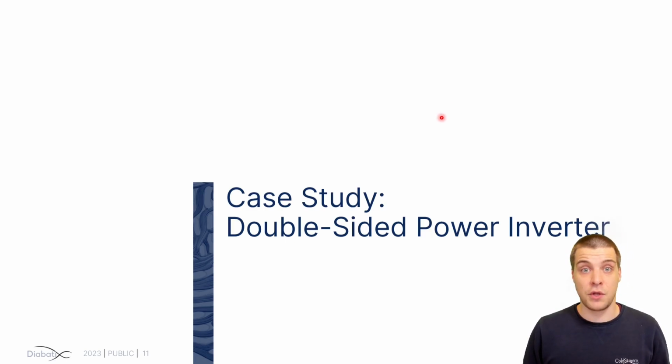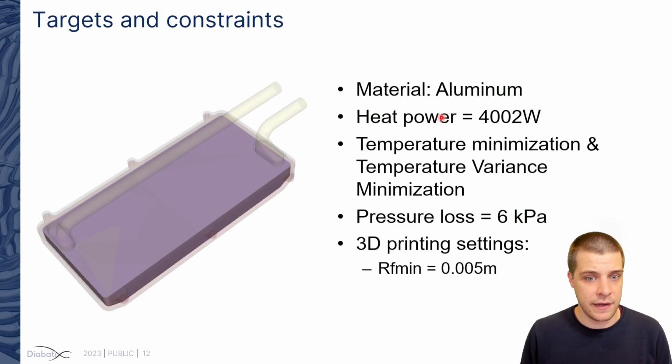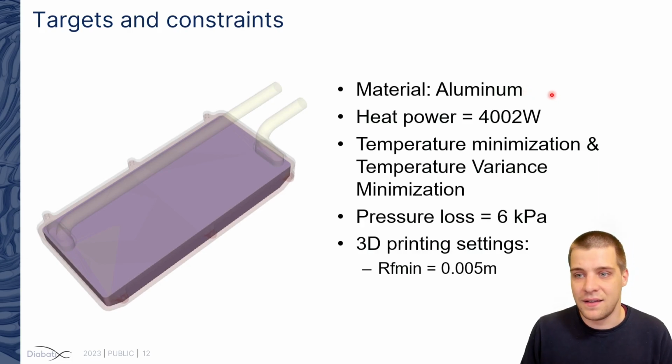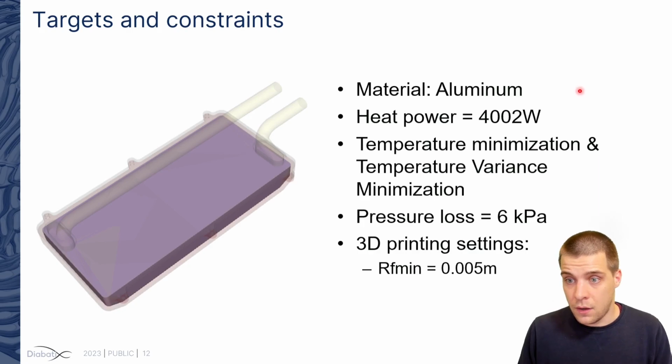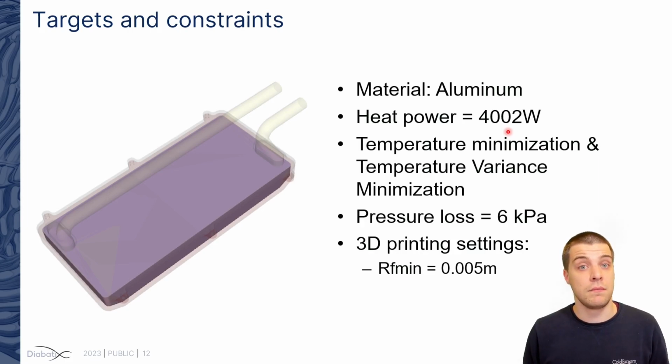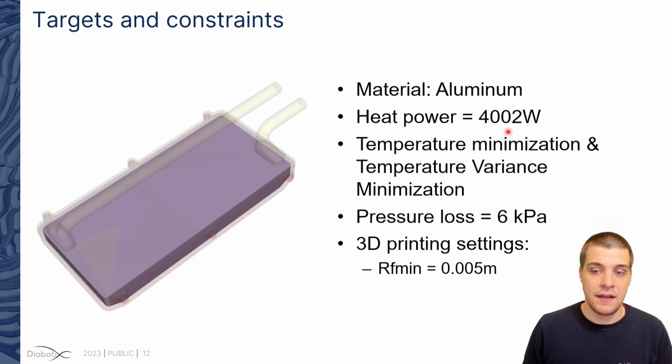Let's now apply this knowledge to a double-sided power inverter, where in this slide I summarized all the input. So we'll mainly focus on aluminum, being a very cheap material and still highly conductive. In total, our chips produce just over 4 kilowatts of energy, and I want to maximize heat exchange efficiency as well as maximize thermal uniformity.